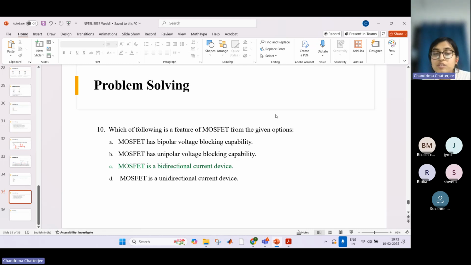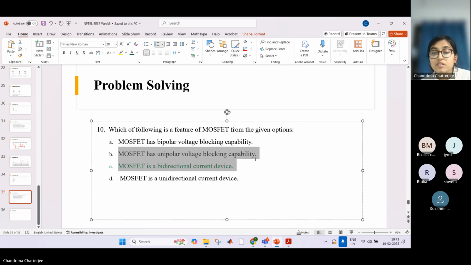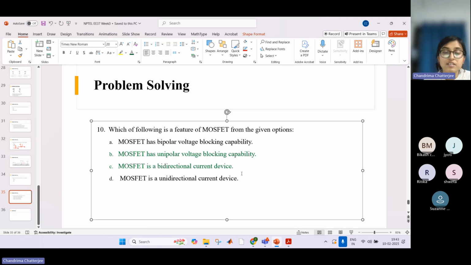Does a MOSFET block voltage in only a single direction, or can it block voltage of both polarities? Single polarity. Unipolar, right? So option B is also correct. MOSFET has unipolar voltage blocking capability. So these two options are correct.